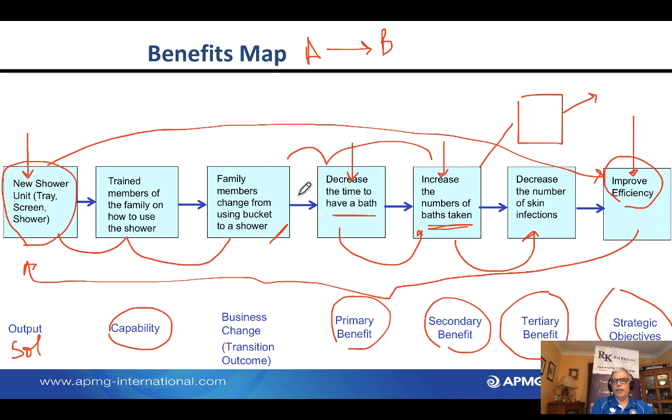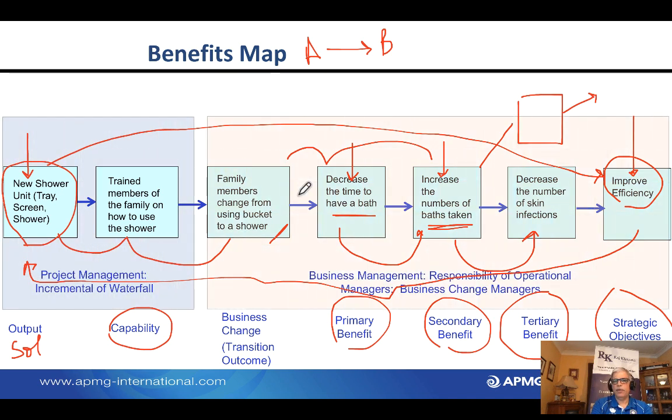We also talked about disbenefits. Well, I would suggest we put disbenefits on the side and purely focus on the benefits map that we have here. So this part, which is the project management, is the delivery of the output and the capability, which can either be done incrementally or all in a waterfall way.